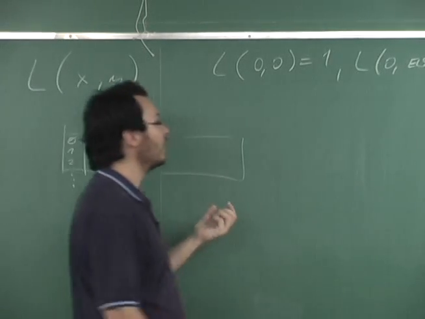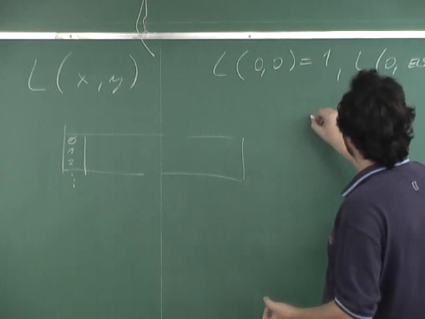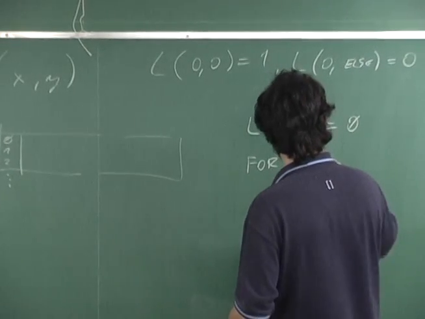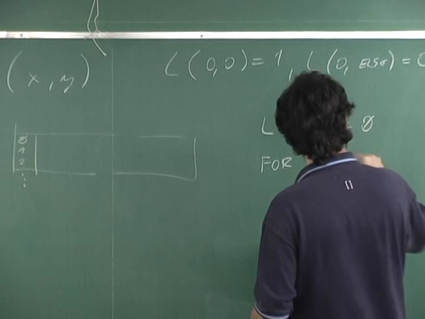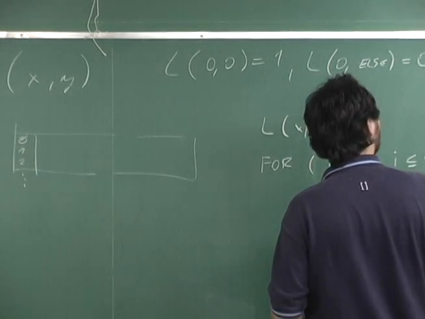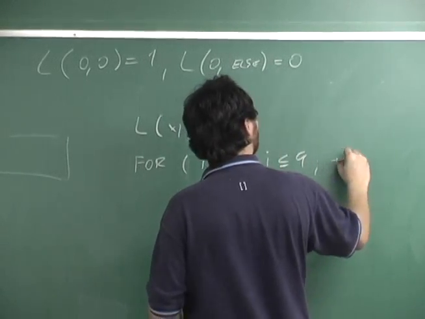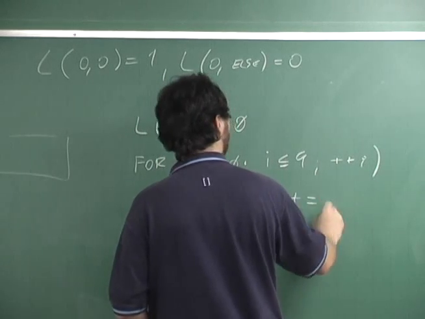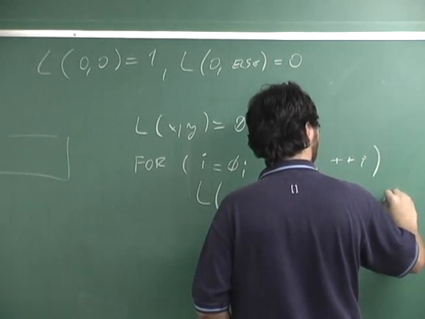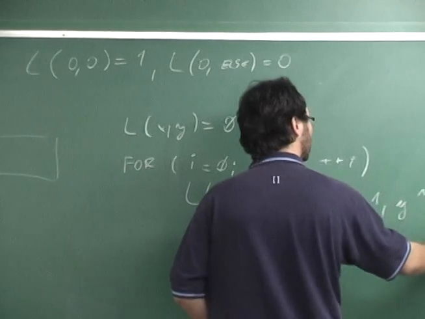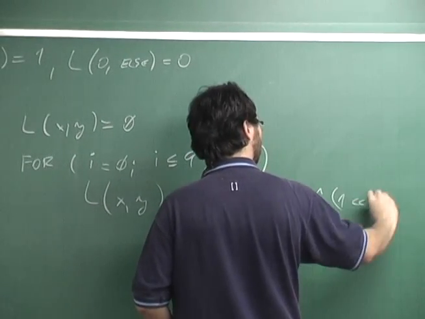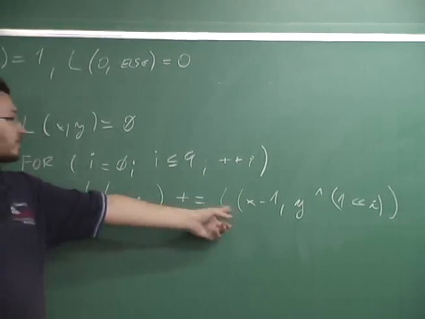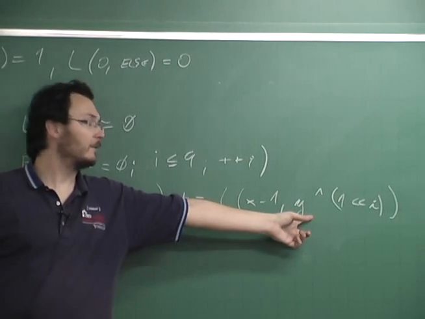So to write this down, for example, in C++, L[x][y] gets initialized to 0, and for i equals 0, i less than or equal to 9, plus plus i, we take the number of strings that are 1 letter shorter and have the correct parities.